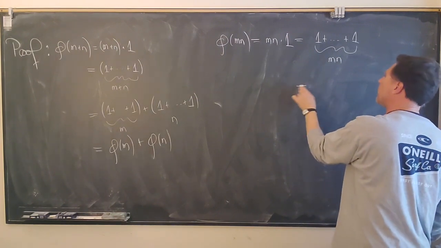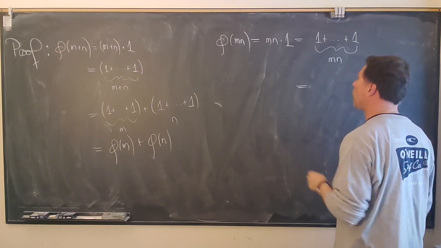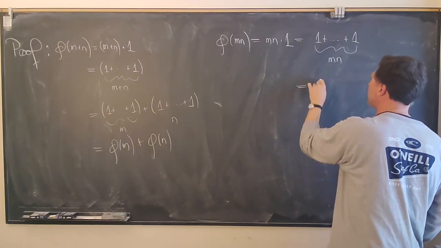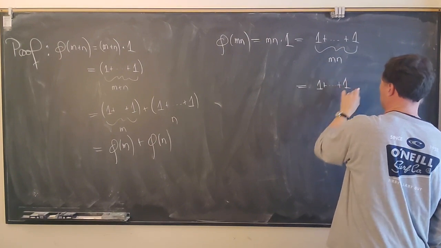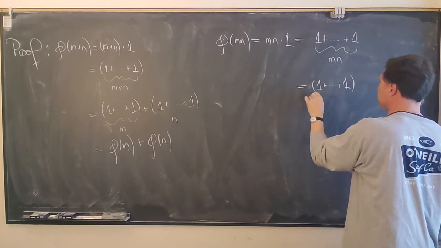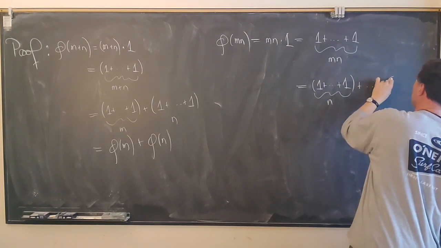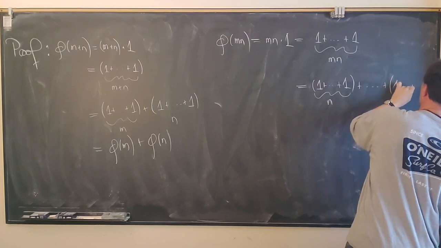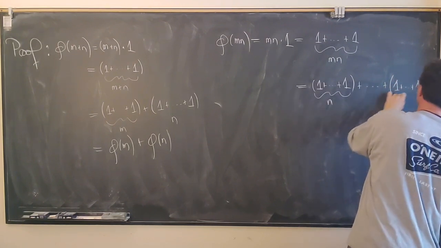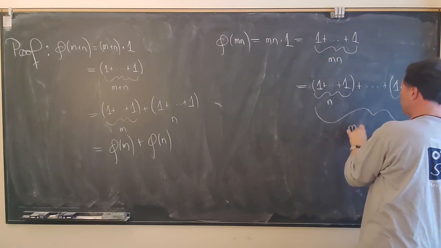And then what we could do is break this into groups. Let's take n of them here and break them into groups of n, and how many are you going to have total? You're going to have m groups.